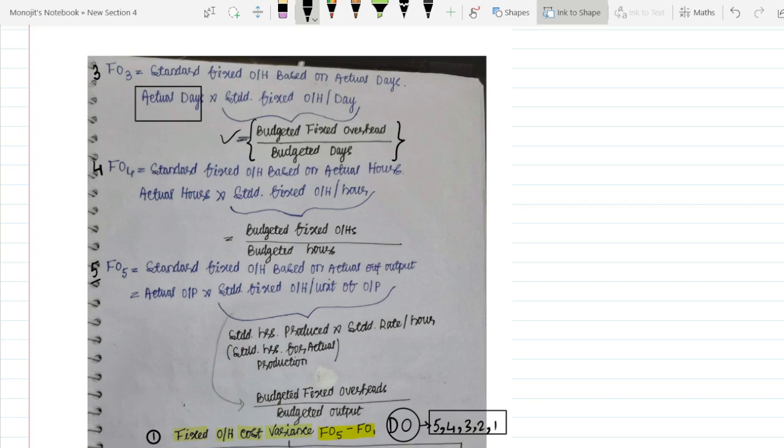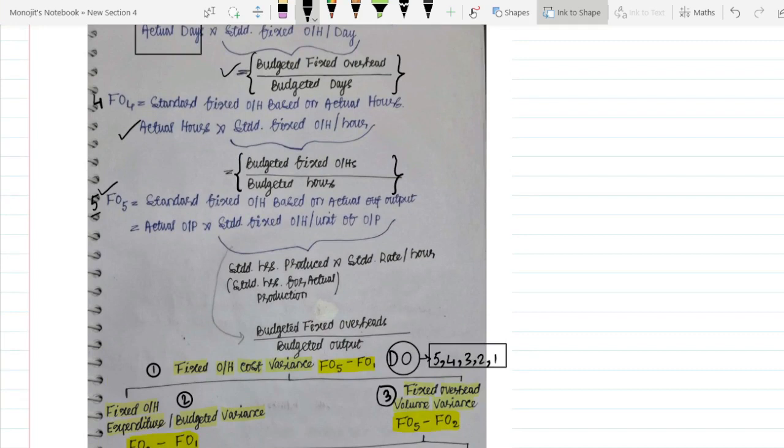FO4 is standard fixed overhead based on actual hours. The formula is actual hours into standard fixed overhead per hour. FO5 is standard fixed overhead based on the actual output into standard fixed overhead per unit of output.